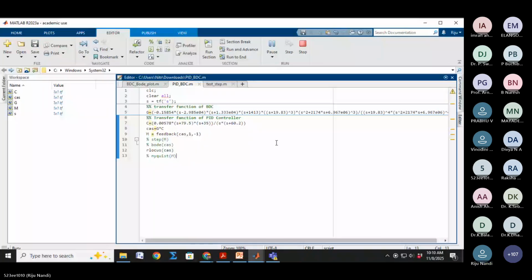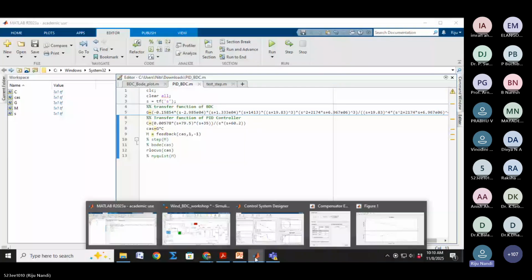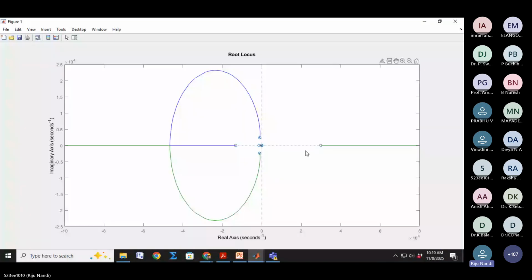So I have covered this step, Bode and root locus, and the Nyquist plot. This is the root locus part, and you can see the root locus pass.